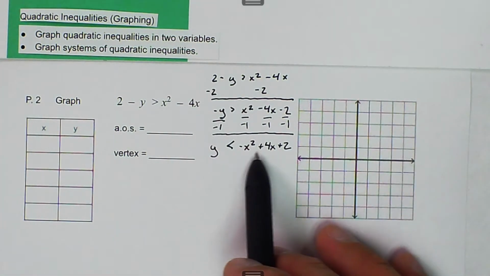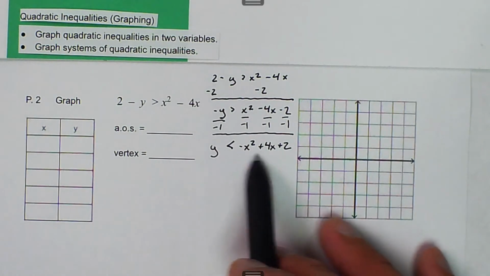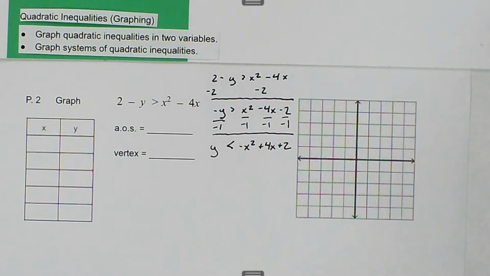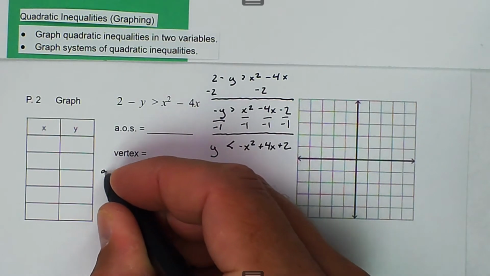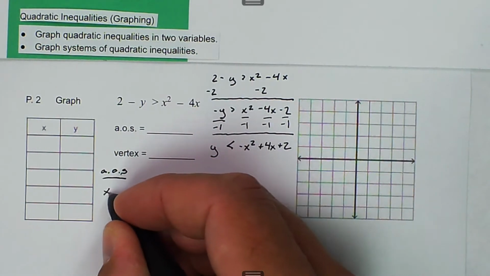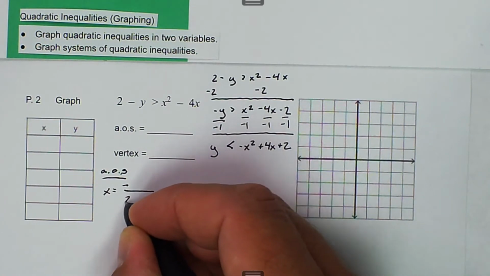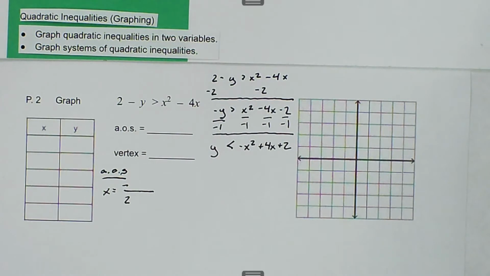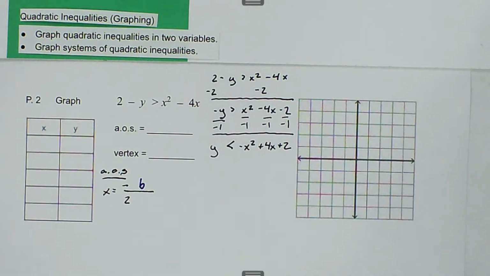So now we have a quadratic expression on one side. So now we can use our equation for axis of symmetry to find out what our axis of symmetry is. So axis of symmetry, x equals negative b over 2a. The negative stays, the divide sign stays, and the 2 stays. The thing that's going to change is going to be the b and the a.